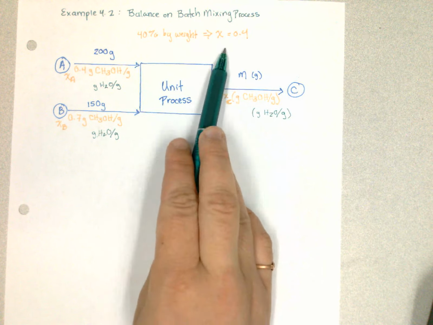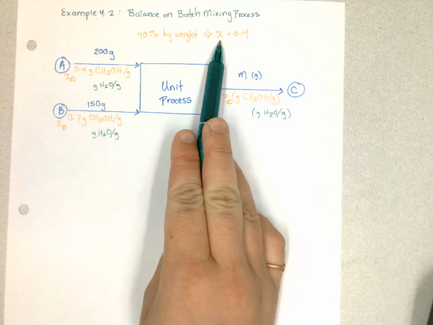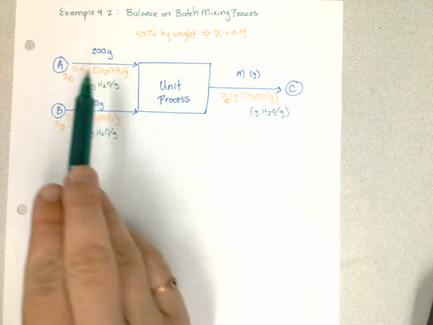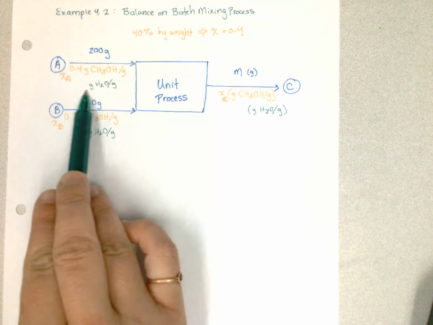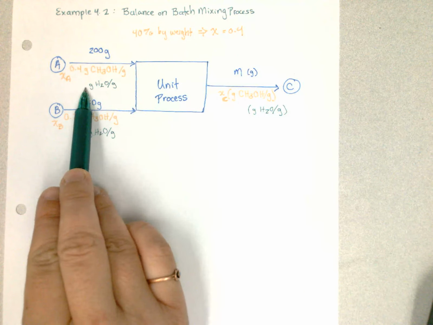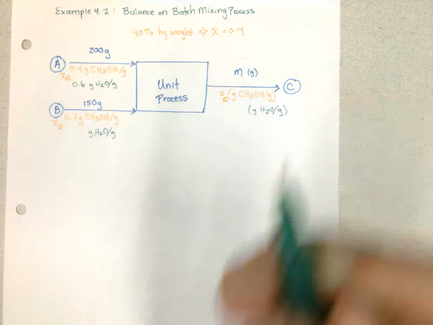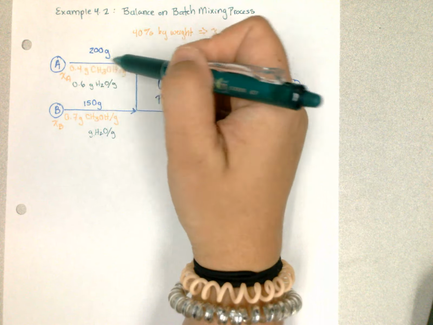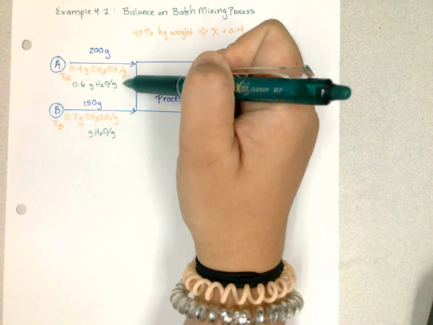Now, we know that all of the mass fractions sum up to 1 in a system. If we have two species, this mass fraction plus the mass fraction of water in the stream must equal 1. So this number right here must be 0.6, because if we have 40% methanol, we have to have 60% water. There's nothing else that could be in this mixture.